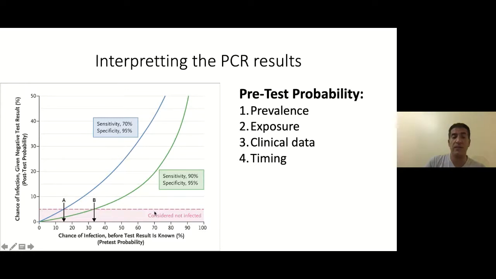So if you have a PCR negative, which is the blue line here, the post-test probability of the disease is still 40%. So your test result doesn't mean anything. That's why you have to combine the two data together to arrive at the best decision.